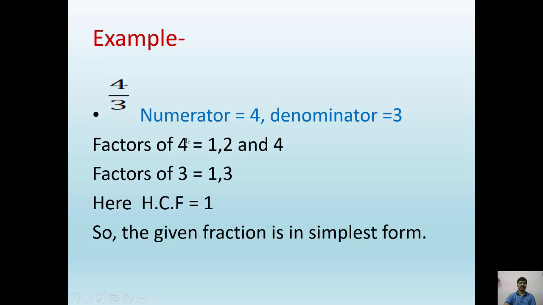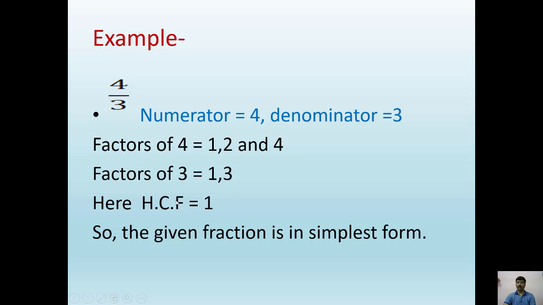Now the factors of 4 are 1, 2 and 4. And what will be the factors of 3? Factors of 3 will be 1, 3. So what will be the HCF? Here HCF is equal to highest common factor. Which is the highest common factor here? 1 is the highest common factor.